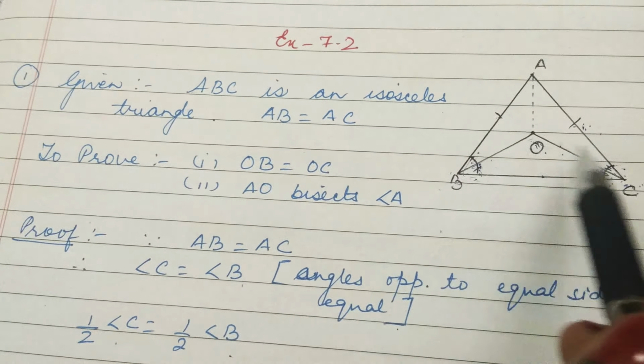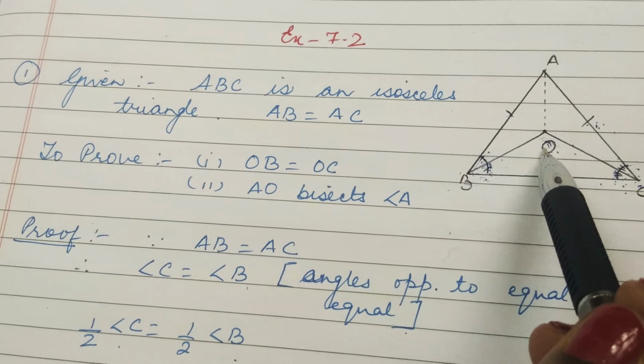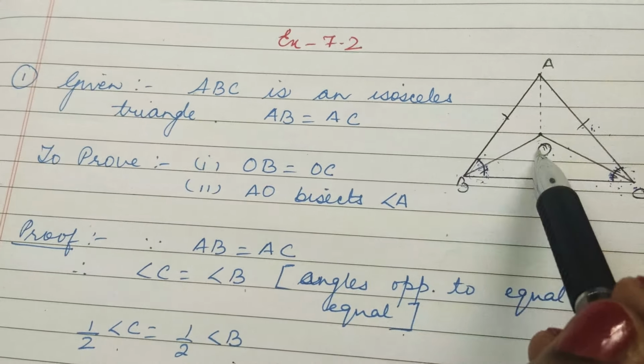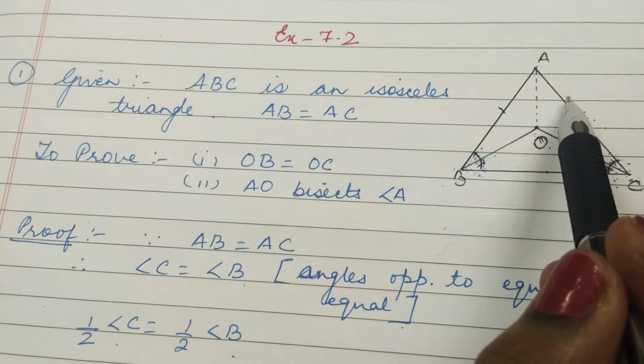Therefore the two triangles are congruent by the SAS congruency rule. Therefore angle BAO equals angle CAO by CPCT.